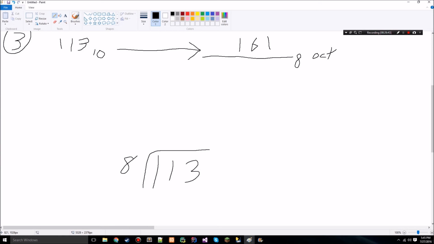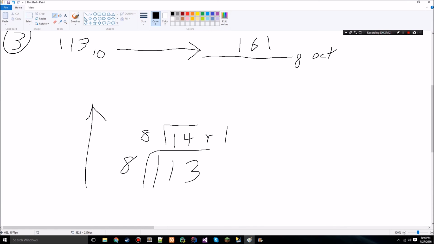So let's think about this. 8 times what would give us something a little bit less than that? So 14 would be 80 plus 32, so yeah, that can work. So 14, remainder 1, and you can see it's starting to play into our answer, so we're going to go up the mountain.